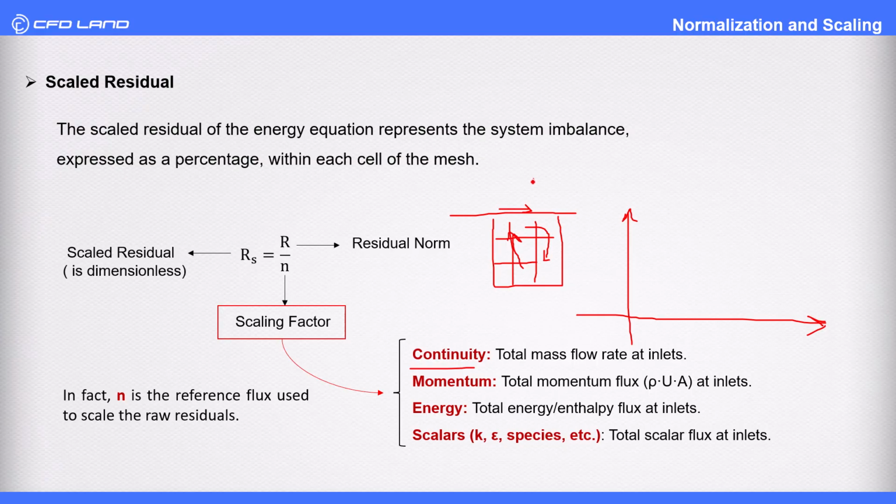So it's like residual divided by the max residual. Why first 5? Because maybe your residual plot is like this. If you choose the first iteration, you are choosing the wrong value for normalizing.